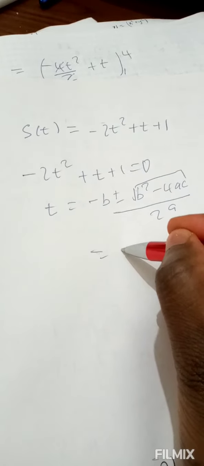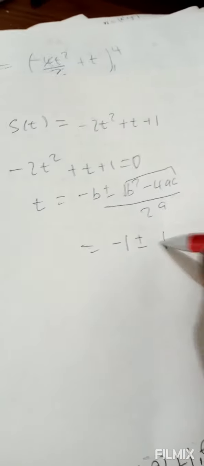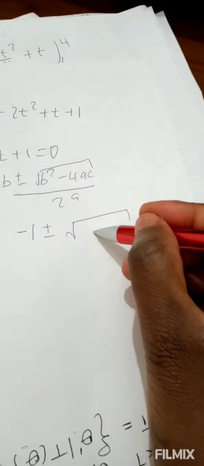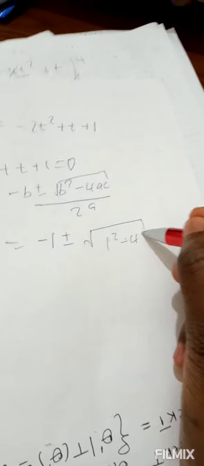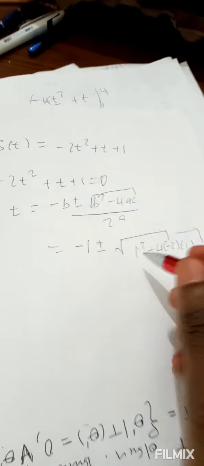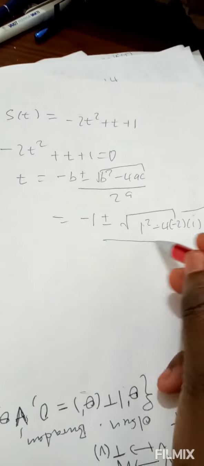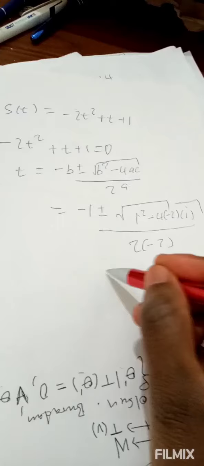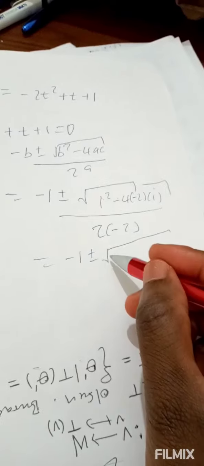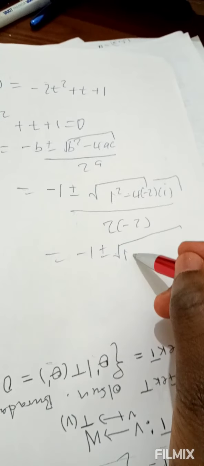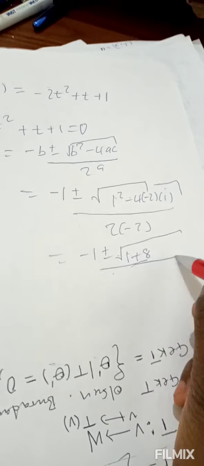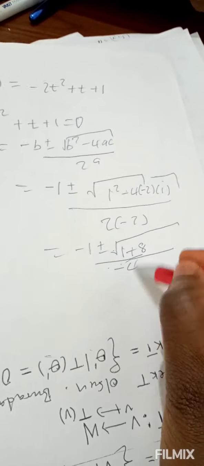b is 1, so minus 1 plus or minus the square root of 1 squared minus 4, a is minus 2, c is 1, over 2 times minus 2, because a is minus 2. So minus 1 plus or minus the square root of 1 plus 8, over minus 4.